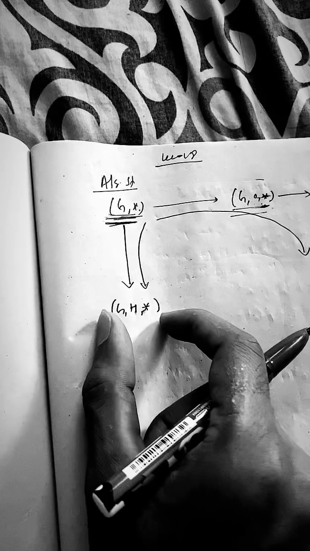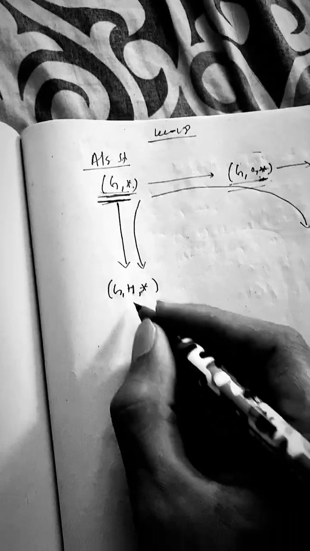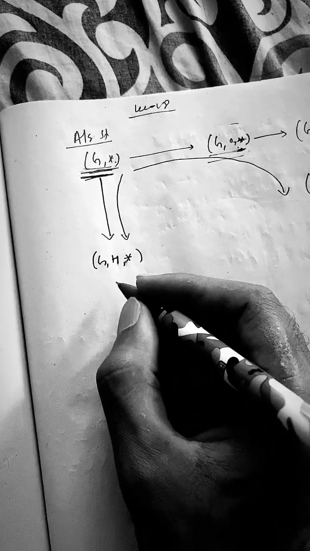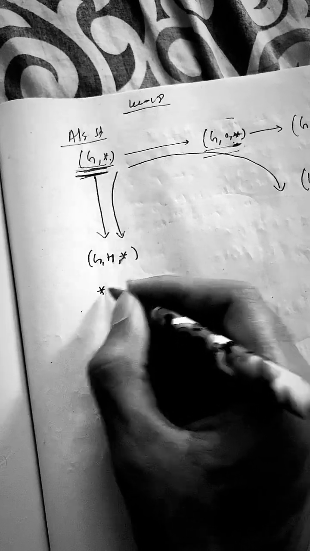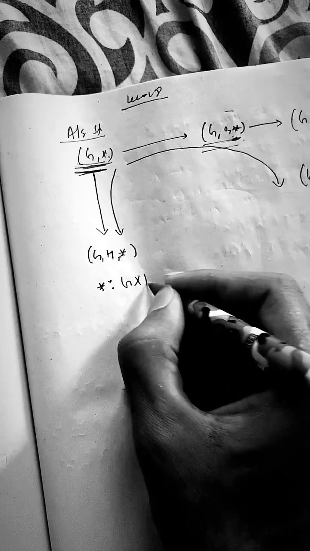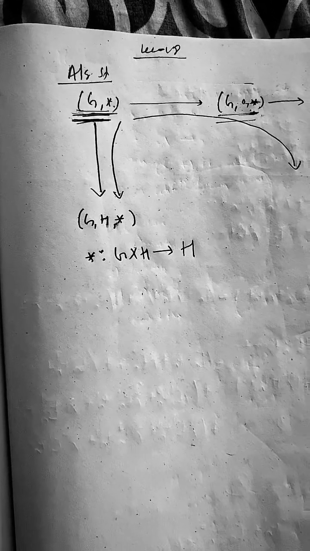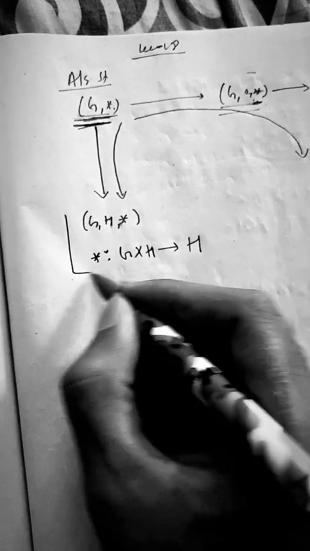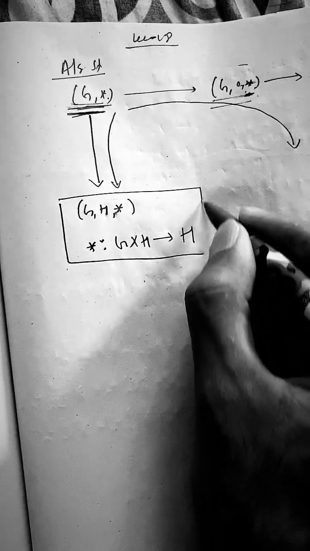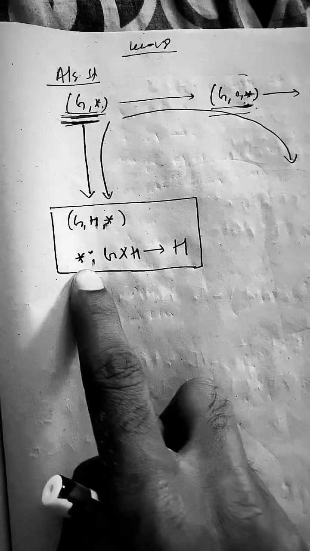So what kind of structure is this? Well, let's say we define a star as G cross H to H. Now see this kind of structure, what is this? What is this operation doing?